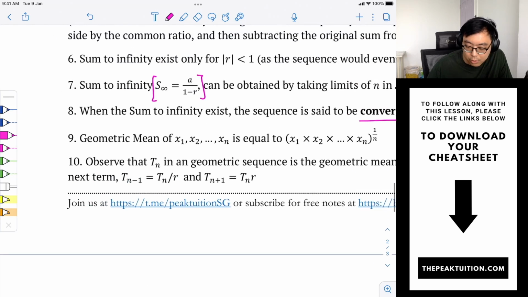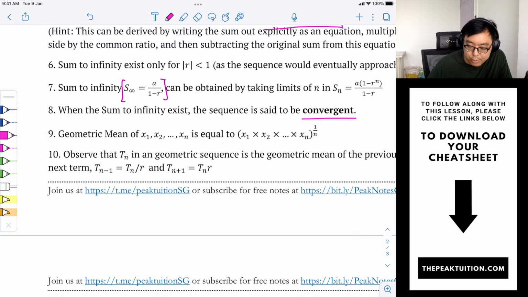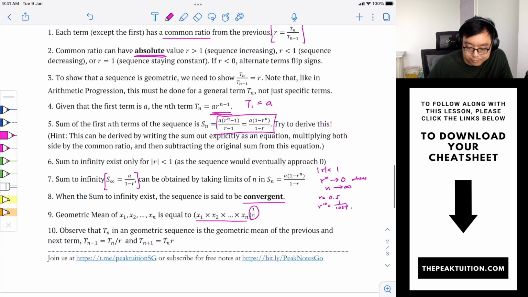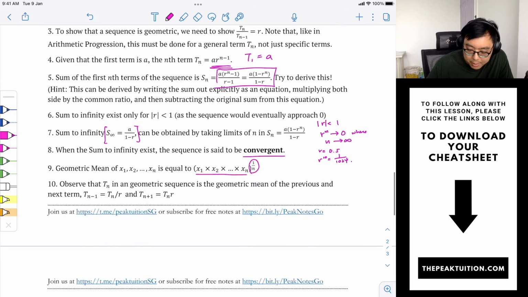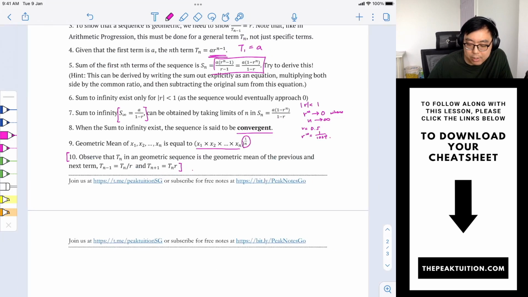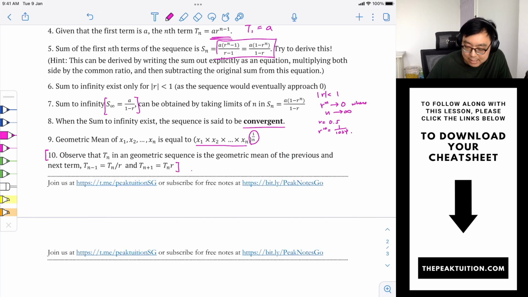One thing that is not so obvious is that the geometric mean of numbers is equal to multiplying them and then taking the nth root of it. This is not directly related to geometric progression, but could be useful. Also, a final point of note is that Tn in a geometric sequence is the geometric mean of the previous and the next term.